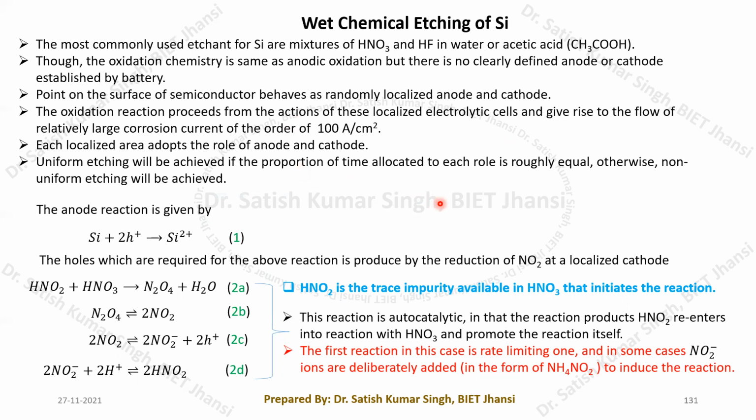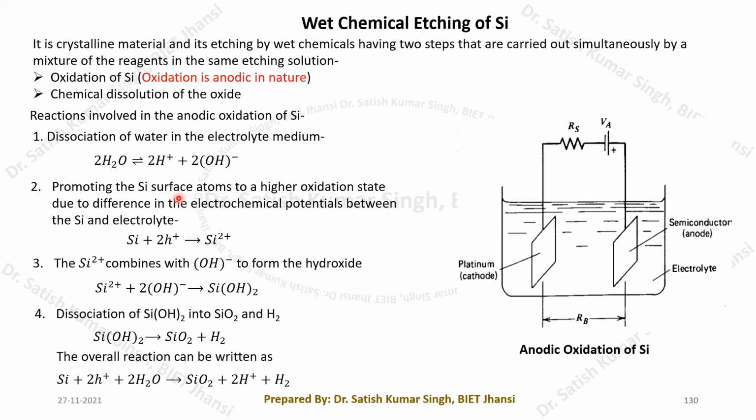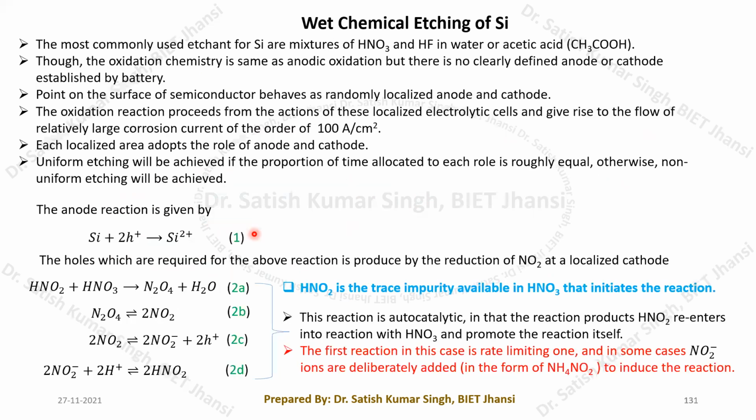Now try to understand what will be the chemical reaction that is going to take place. As I said, there will be the anode reaction. As we saw in this case, from the battery we are supplying certain holes, and then we convert the silicon atoms of the surface into silicon ions, silicon 2+ ions.